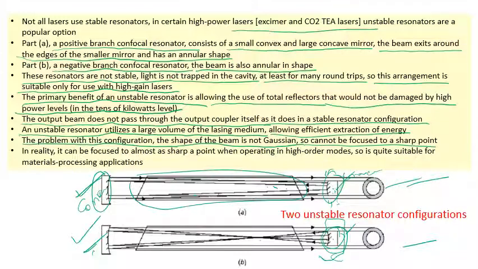This kind of beam cannot be focused to a sharp point. You can focus it, but not sharply. It can be focused almost to a point when operating in higher order modes. The modes are important here. In the normal case it is focused, but not that sharply.